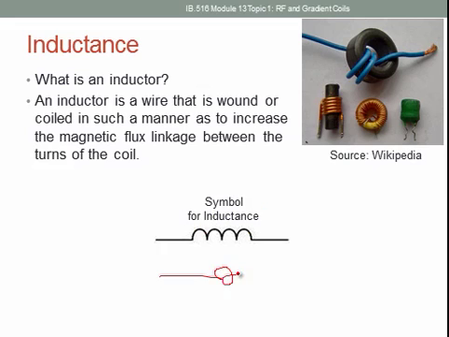So you have this loop of wire. Some people will write it like this. Of course the ends here would be straight, but that's just indicating that you have some wire that's looping. And the letter symbol is L. Again, I'm not sure why, but that's just the way it is.